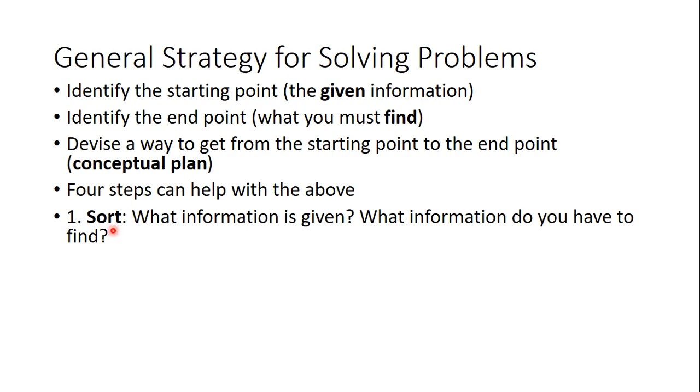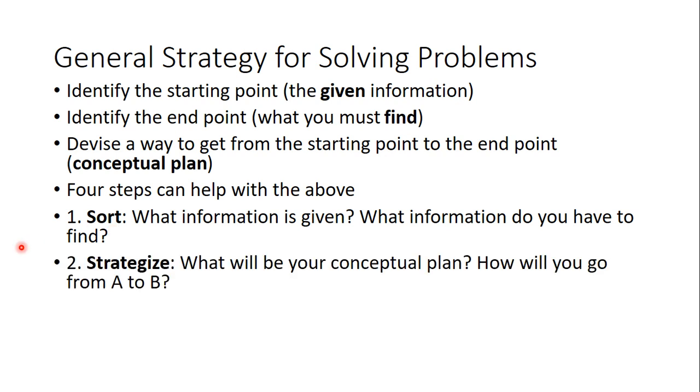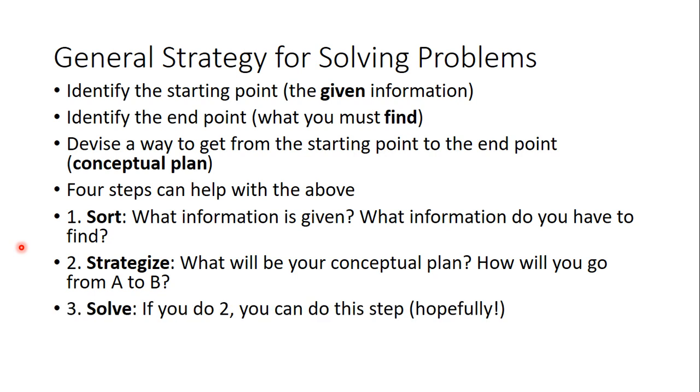Sort: list what information do you have and what information do you need to find. 2. Strategize. Okay, now that you know the information that you have and the information you need to find, how are you going to go from A to B? 3. Solve. Now, once you strategize, you just have to put that plan into action.